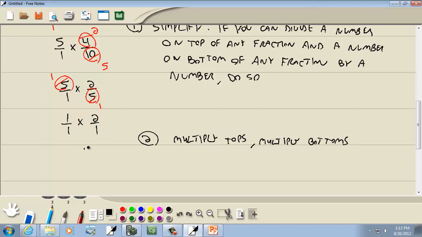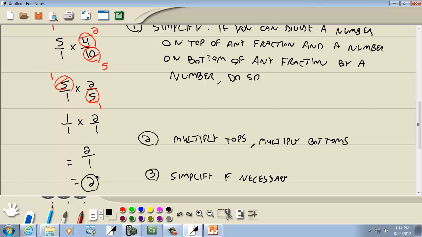Well, 1 times 2 is 2, and 1 times 1 is 1. And then step 3 is simplify, if necessary. Well, 2 divided by 1 gives us 2. So that would be our answer.